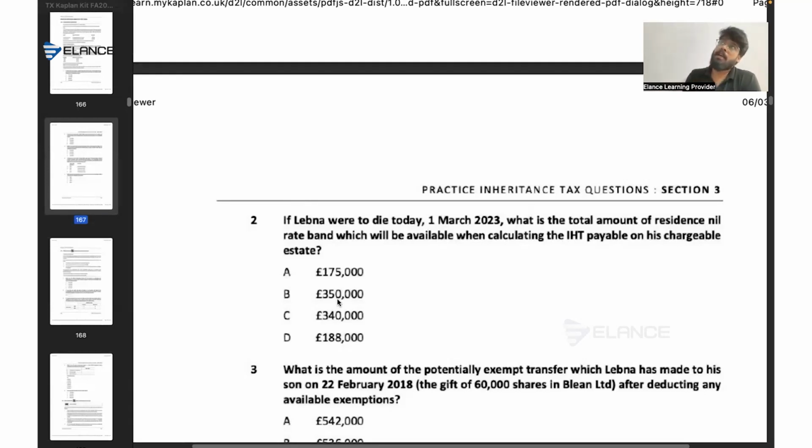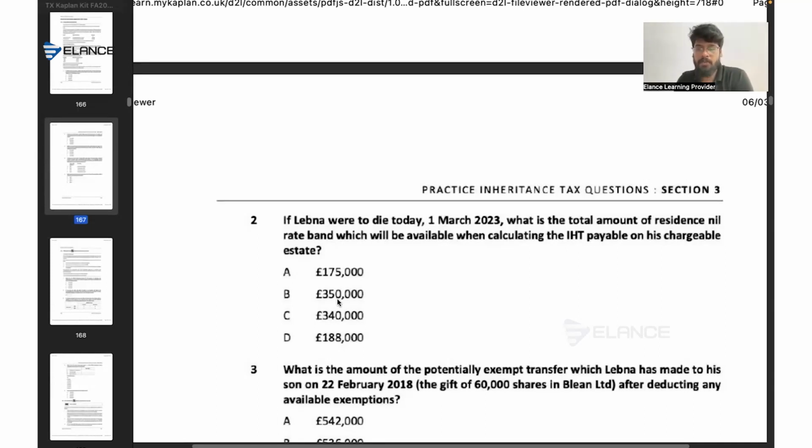Okay, and if the residential properties' value is lower than 350,000, they cannot completely use the 350. The available maximum residential nil rate band is 350, but they can only use up to the value of the residential properties, if that is lower than 350.